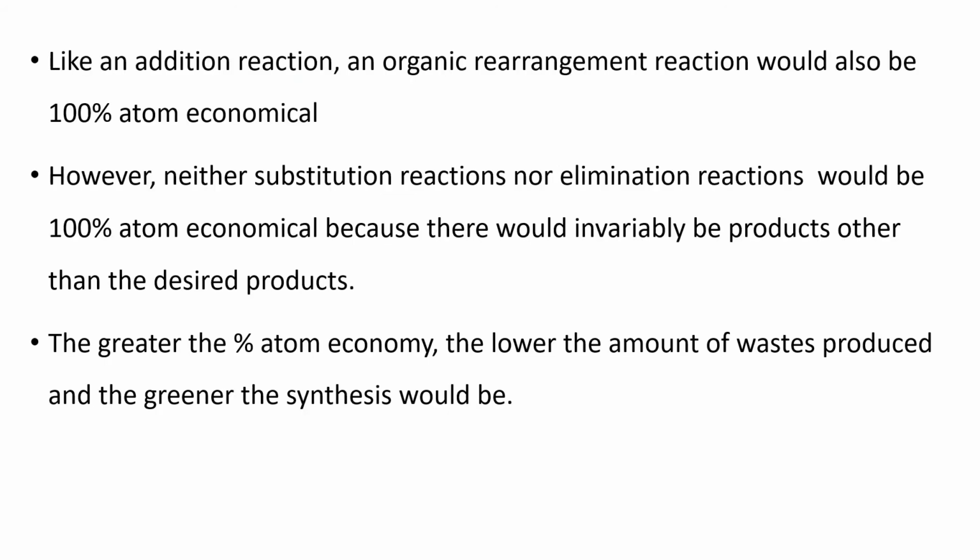Like an addition reaction, an organic rearrangement reaction would also be 100% atom economical. However, neither substitution reactions nor elimination reactions would be 100% atom economical because there would be products other than the desired products. The greater the percent atom economy, the lower the amount of waste produced and the greener the synthesis would be.